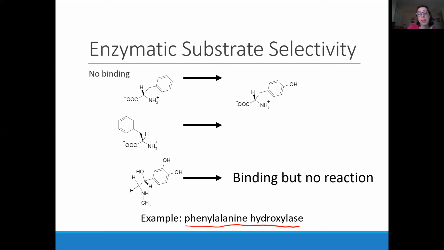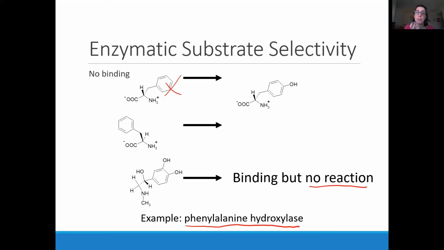So sometimes we can have binding of similar structures, but no reaction, meaning that the enzyme might bind something that looks similar to its substrate, but it can't actually drive the reaction. And so catalysis won't occur in that sense. Or you just straight up won't have binding, as in this case right here, we have no binding of the actual original reactant.